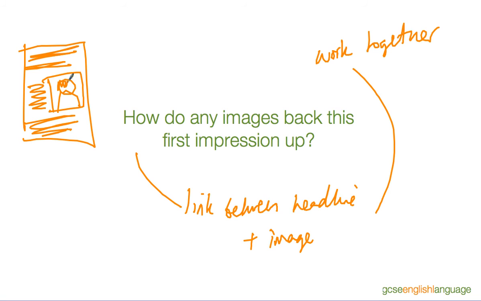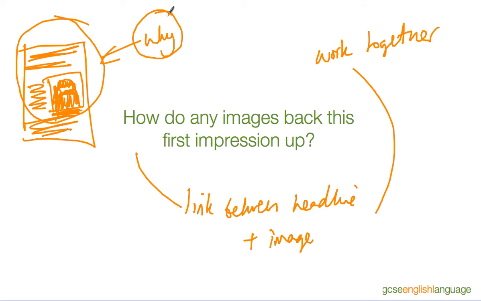How does that image, and the caption, remember, because there's a caption underneath the picture very often, how does that image link into that headline, and how do you make meaning of the whole thing? You know, how does that meaning link into the audience? Why did the writer, editor, etc. choose that combination?